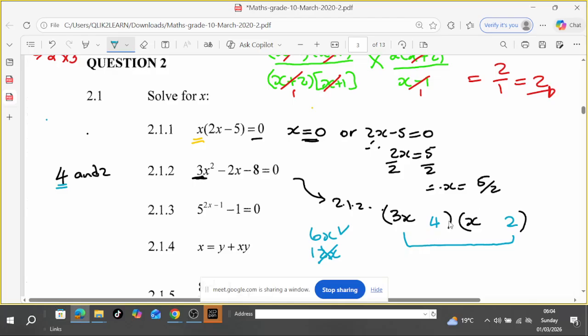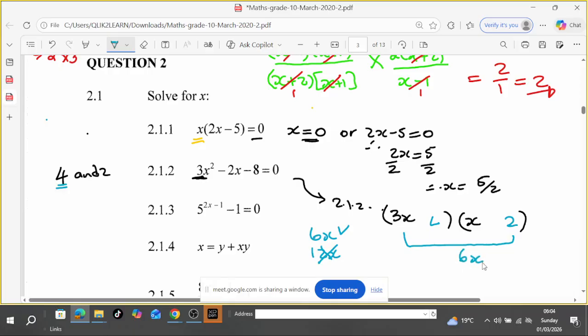Now we need to decide on the signs. Remember that on our factors, we don't just give the sign of the middle number to the bigger number. What we need to know is what 3x times 2 is. These two give us 6x.